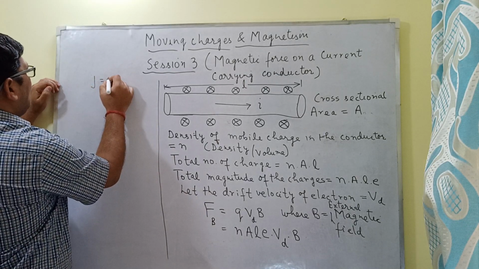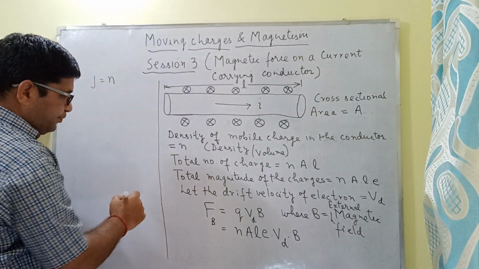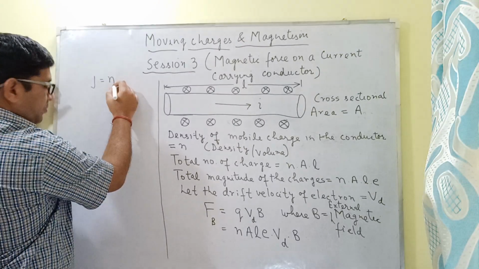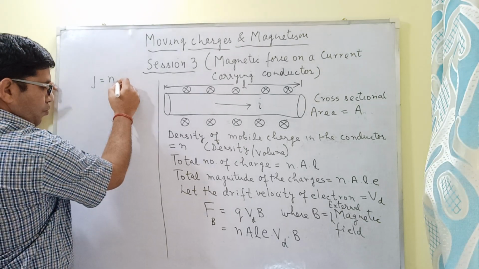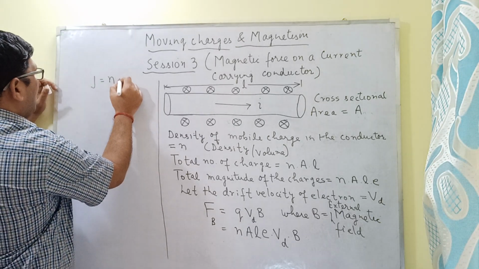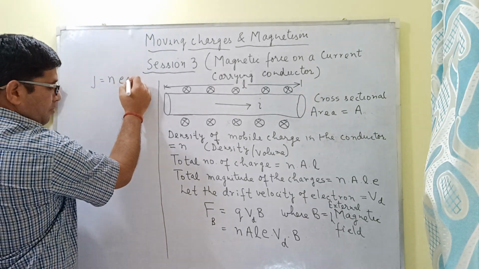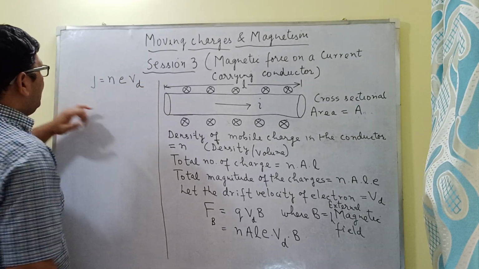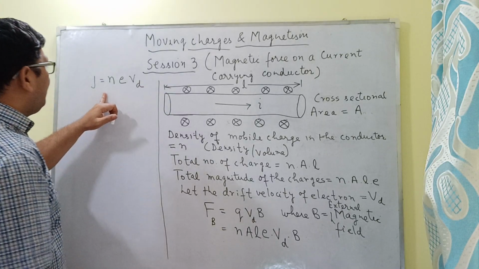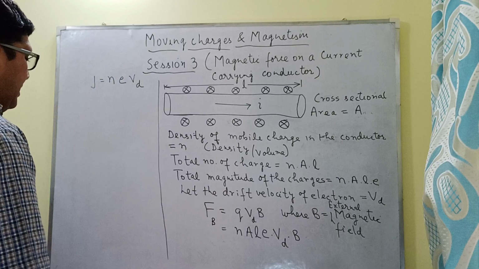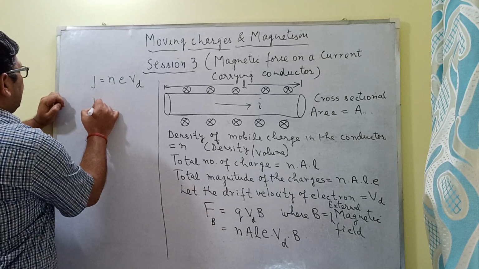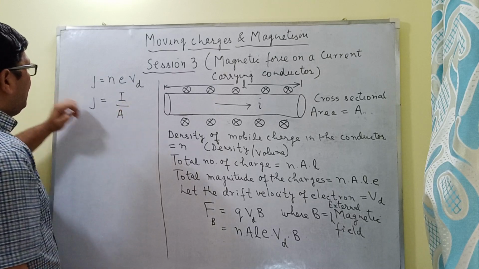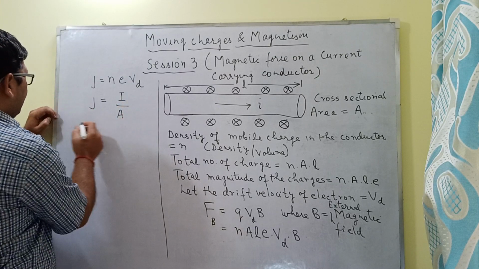So J is equal to N e Vd. This is the formula of the current density which we have studied in the chapter of current electricity, and J is also equal to I by A, where I is the current and A is the cross section area.